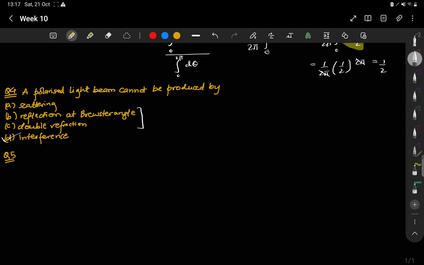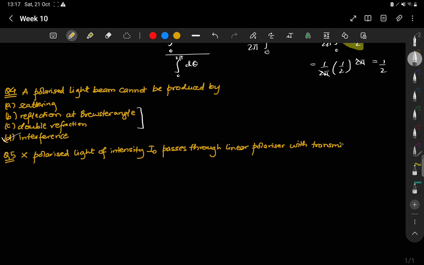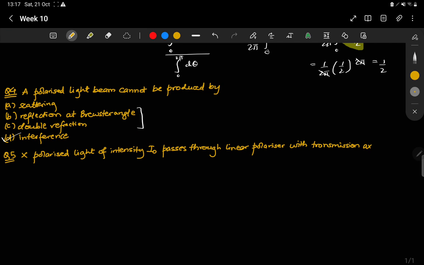The next question. X polarized light of intensity I naught passes through a linear polarizer with transmission axis oriented at 60 degrees relative to the x-axis.